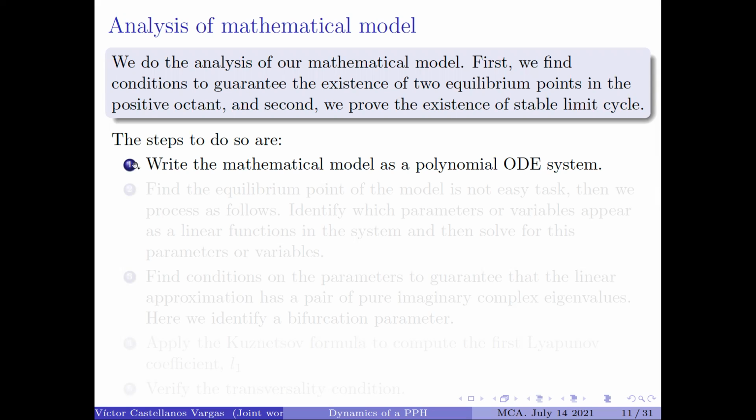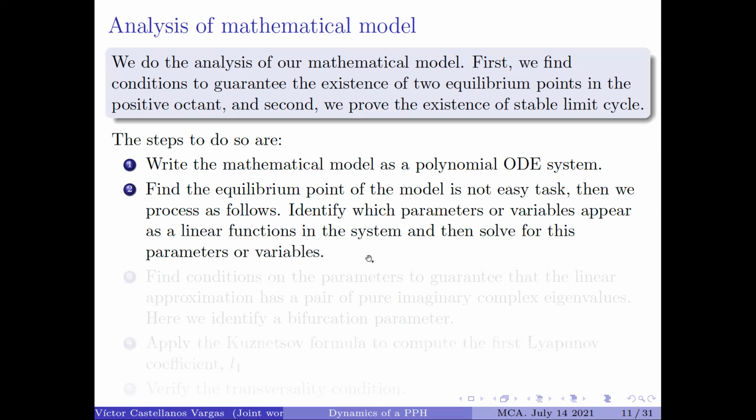First, we write the mathematical model as a polynomial ordinary differential equation system, only by doing one change of coordinates. Next, finding the equilibrium points of the model is not an easy task. Then we proceed as follows.